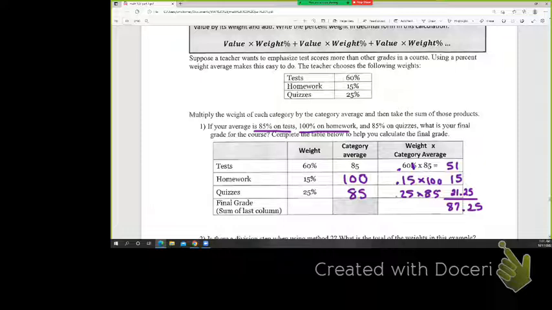That's the final grade. What do you divide that by? I don't divide it by anything. So I get 87. How did I get 87? I added 51 plus 15 plus 21.25.